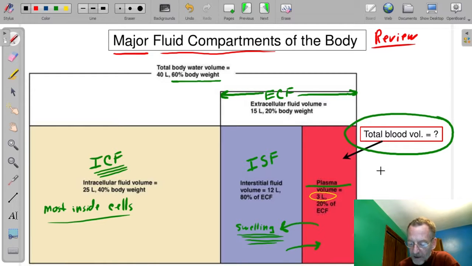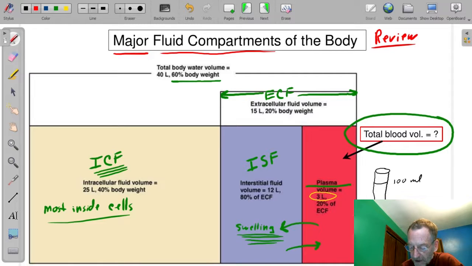To review again, remember when we did our hematocrit early on in the quarter? We took a tube and filled it with blood. Let's say it's 100 mils just to keep things simple. Then we spun it in a centrifuge, and afterwards the blood separated out.